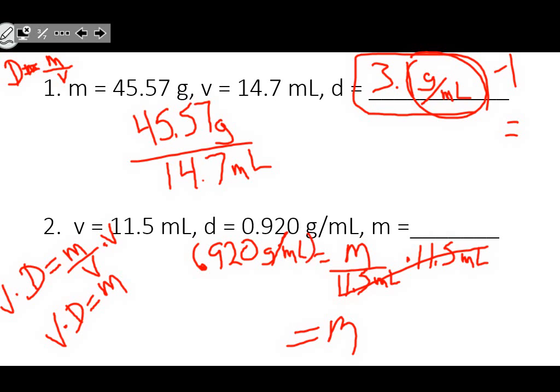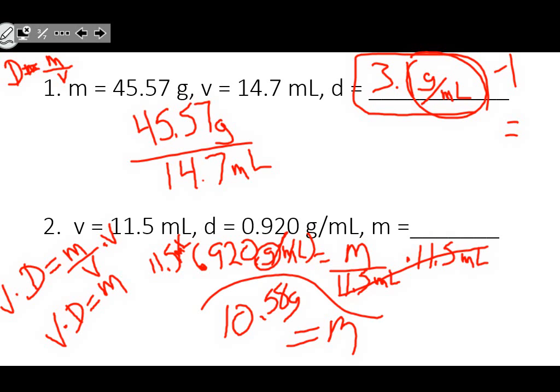So multiply this by 11.5, all right? 11.5 times 0.920 equals 10.58. Sorry, I forgot my little unit. Milliliters cancel. Left with grams, so our unit is grams. All right.